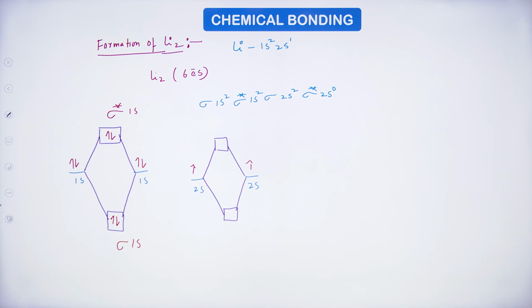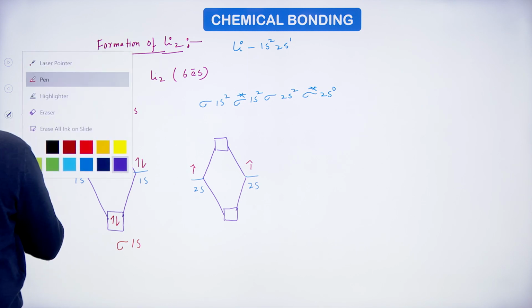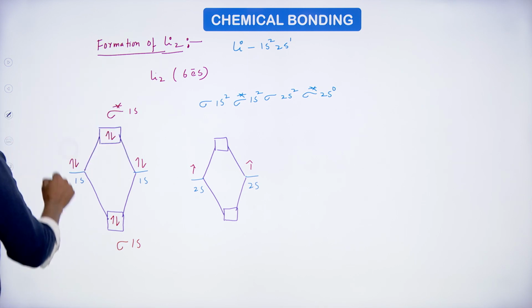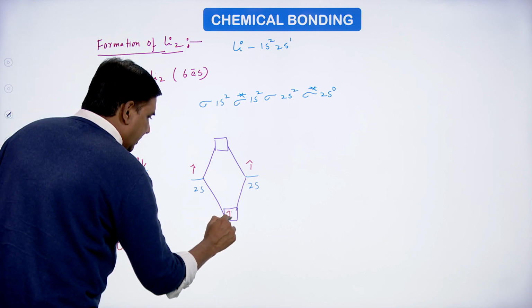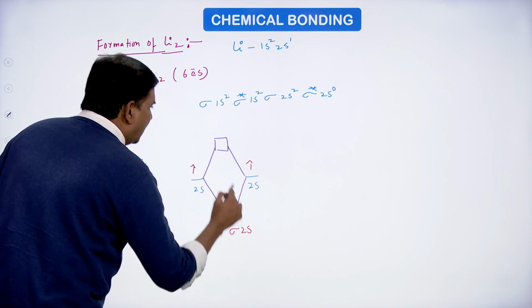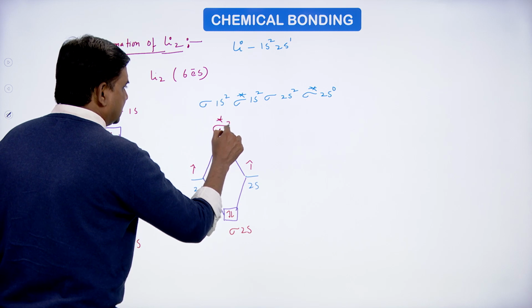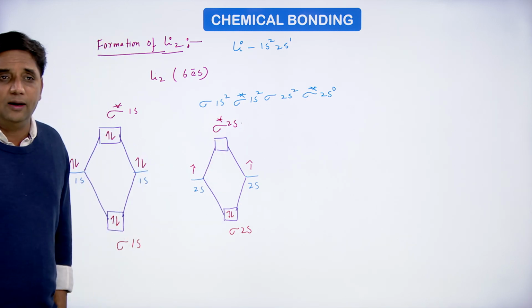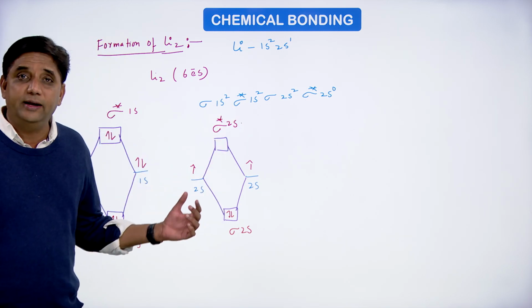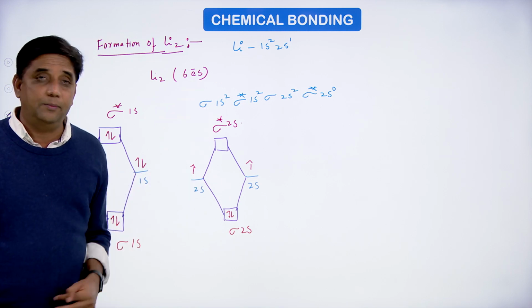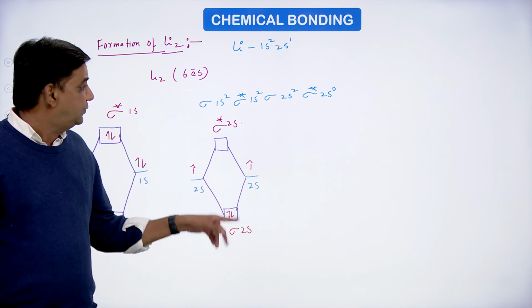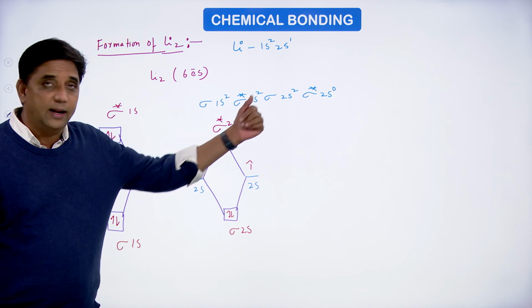So the 2 electrons will be filled here. This is sigma 2s and this is sigma star 2s. This is the molecular orbital energy diagram for the 2s orbital of the lithium atom, and sigma 2s is filled, sigma star 2s is vacant.